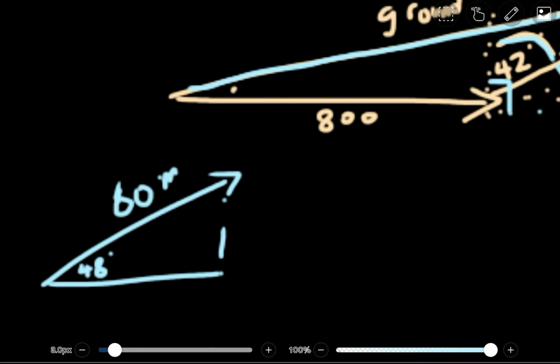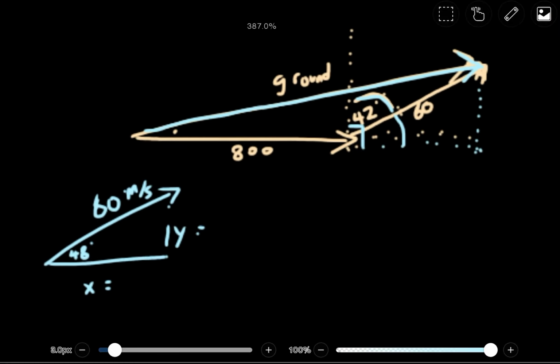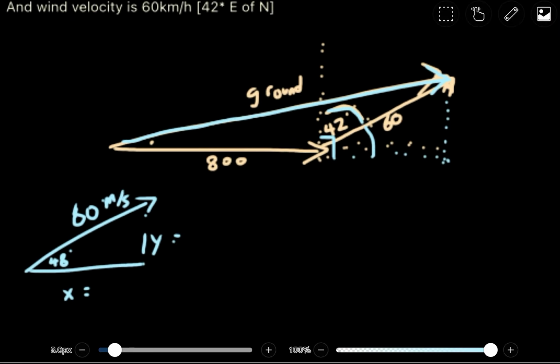Sorry, 60 m/s. We want the y component and the x component, because step one is to use whatever angle you have and make a triangle out of it somehow, even if you have to use imaginary dots, and find the x and y components.